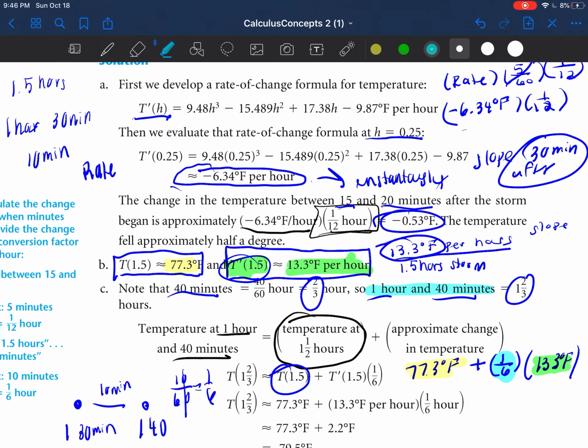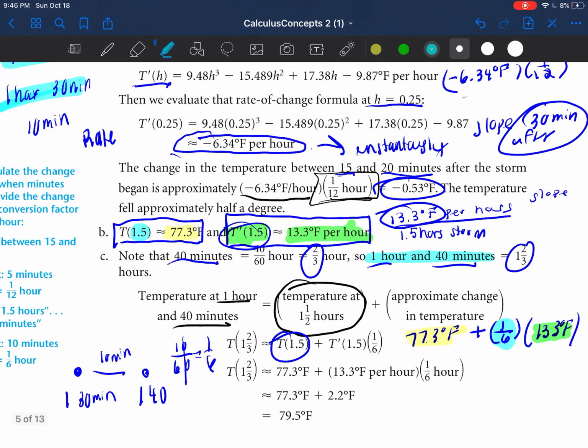What was initial? Initial was 1.5, right? So 1 hour 40 minus 1 hour 30 is 10 minutes. But the equation is in terms of hours. So what is 10 minutes in terms of hours? 1/6 of an hour. And then you just solve, and that's what it would be.